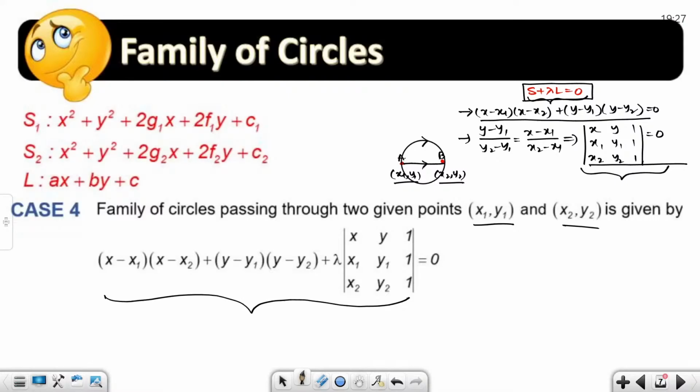And then we found the equation of the line AB, right? So the family of circles passing through these 2 given points is the same as the family of circles passing through the point of intersection of this circle and this line.